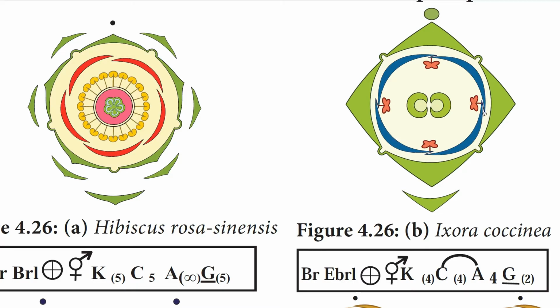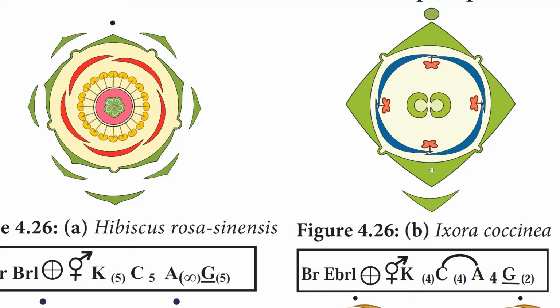At the junction of the 2 petals lies the androecium. So the androecium is attached to the petals and it is epipetalous. This represents the androecium, which is also 4 in number, and this represents the ovary, which is a bicarpellary syncarpous ovary.